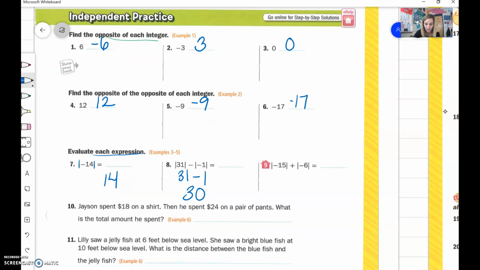Then we have the absolute value of negative 15, which is 15, plus the absolute value of negative 6, which is 6. We add those two together, and we get 21. Okay? Very good.